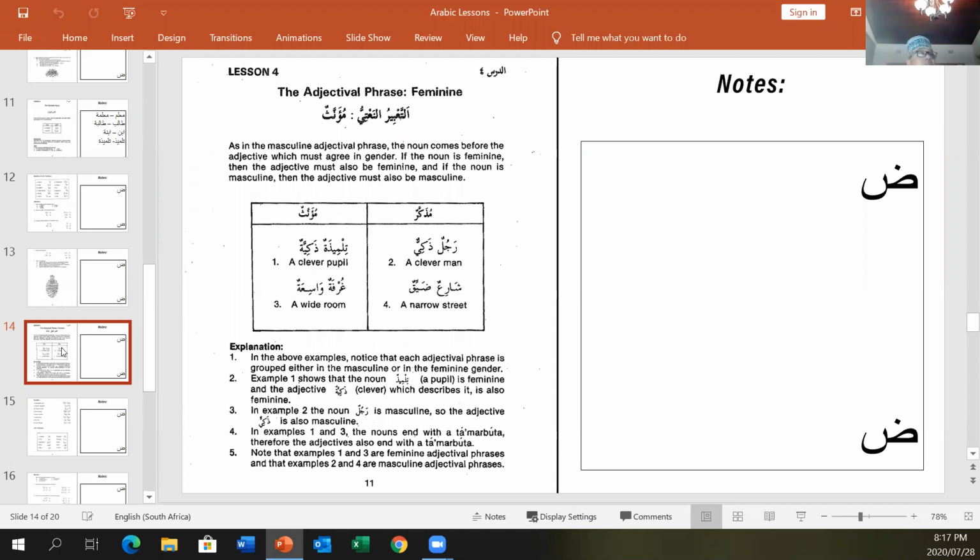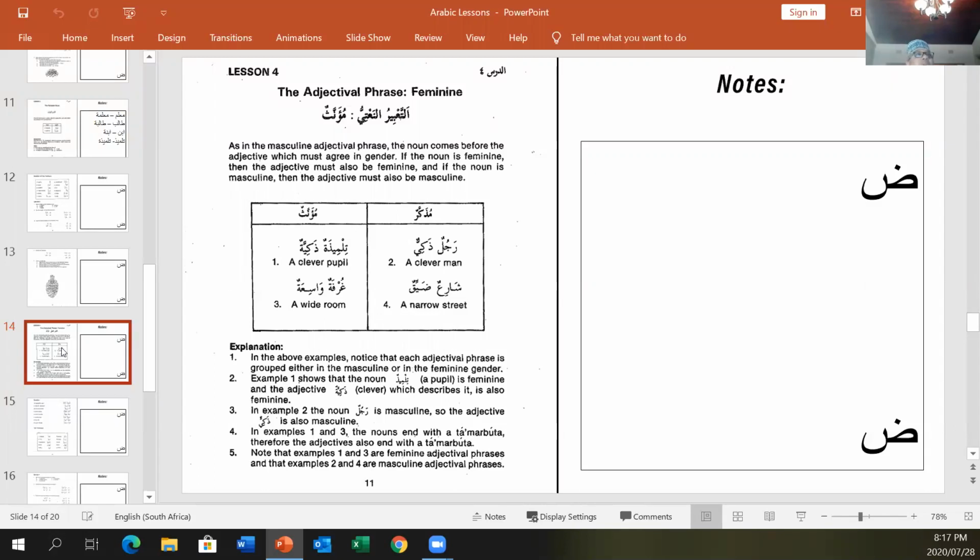Okay, so therefore we say tilmidatun dhakiyatun means the dhakiyatun qualifies pupil. Why? Because as you can see there, it is on the very same pattern. Both of them have the tanween at the end. So your translation will be a clever pupil, but because of the ta marbuta, for our reference I would suggest we say it's a female clever pupil, okay?